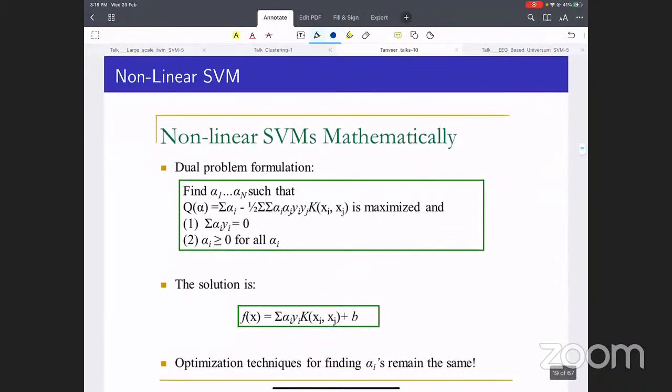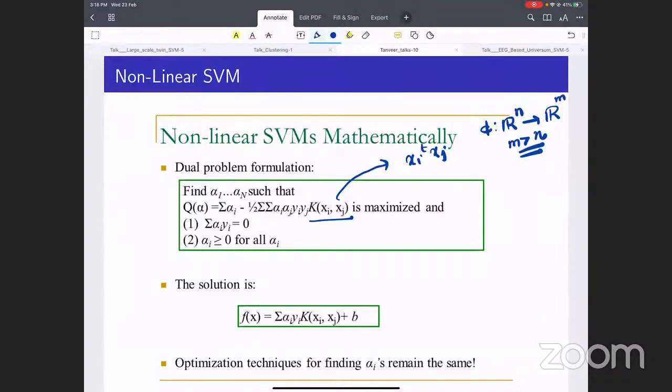Now if you recall the linear case, in place of k(xi, xj), it was simply xi transpose xj. But when we are talking about the nonlinear case, you remember that we transform the data from input space to some high dimensional space such that the data is linearly separable.